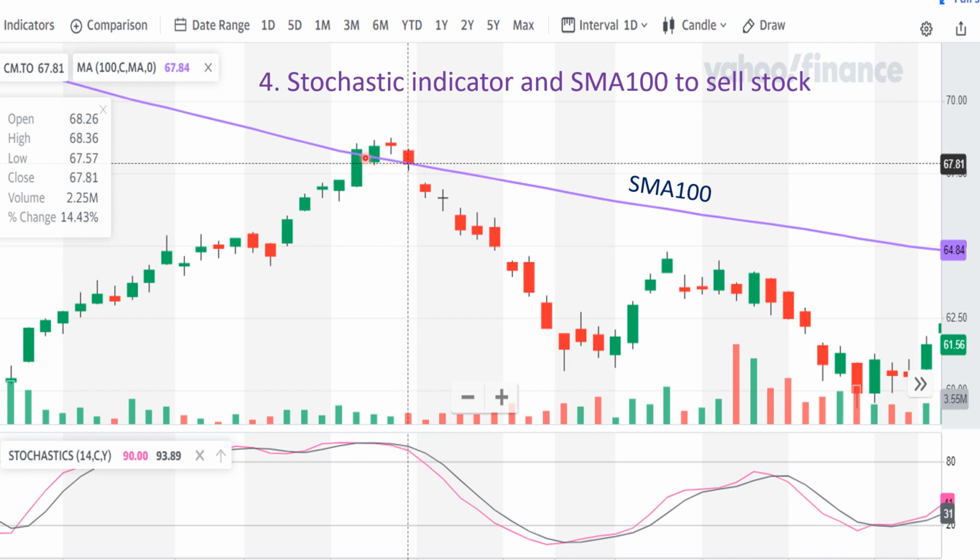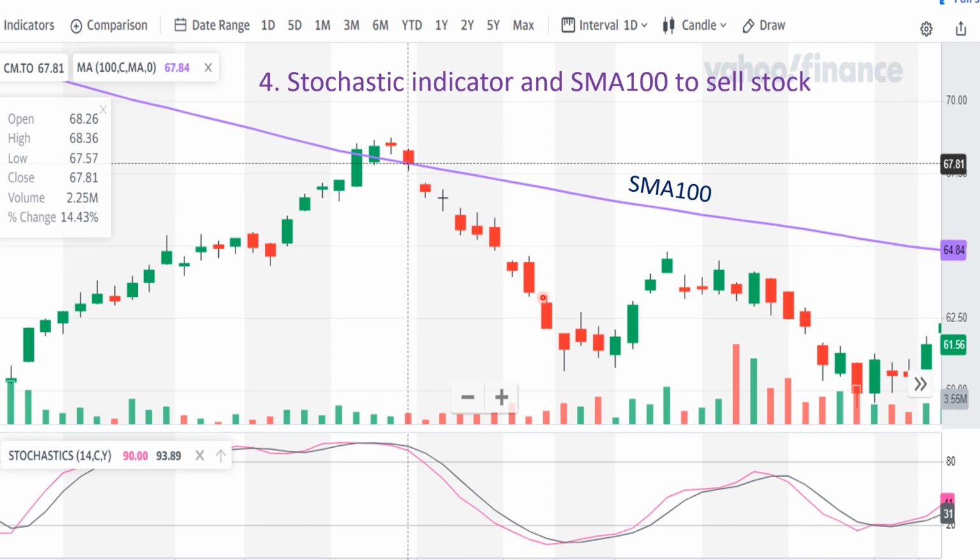You see here we have this evening star reversal pattern, suggesting that the bearish pressure has stepped in and wants to push the price lower. That is again indicating that it's a good time to exit the trade.